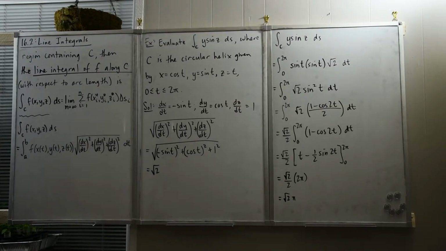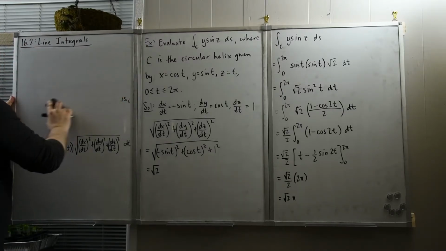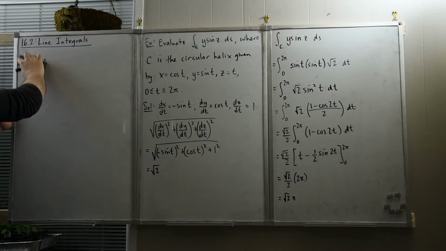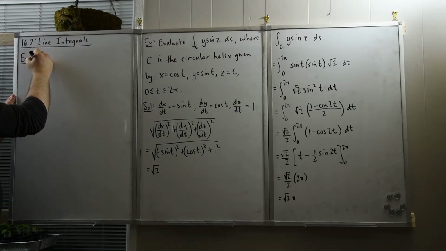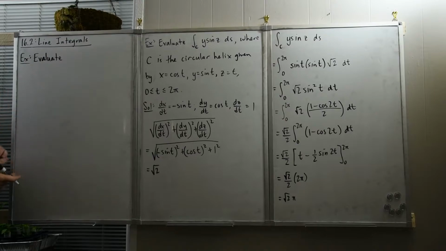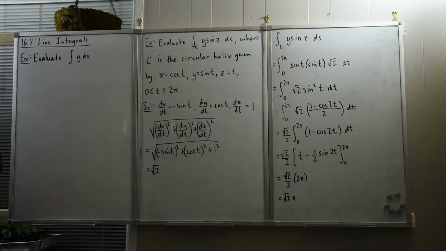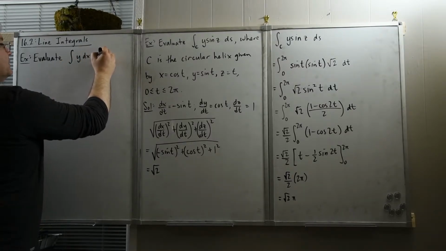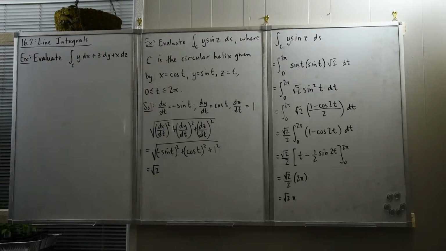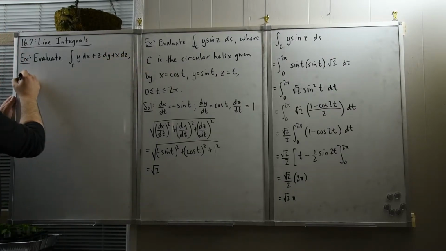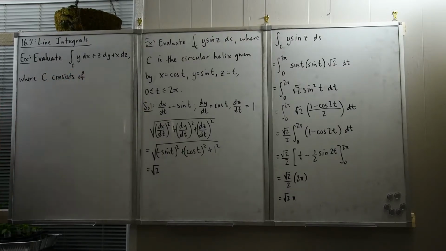All right, so let's take a look at another example. In this example, we're going to evaluate the integral of y dx plus z dy plus x dz along C, where C consists of two different parts.